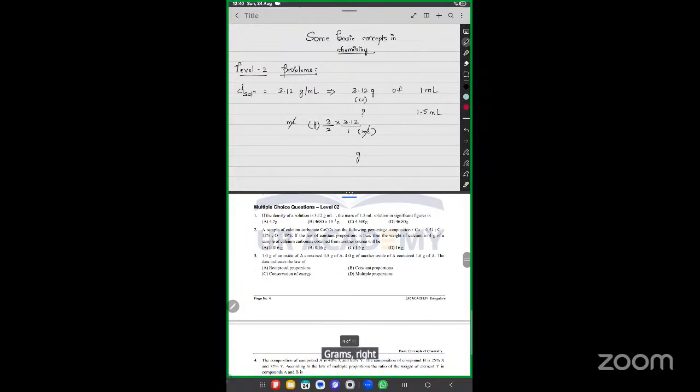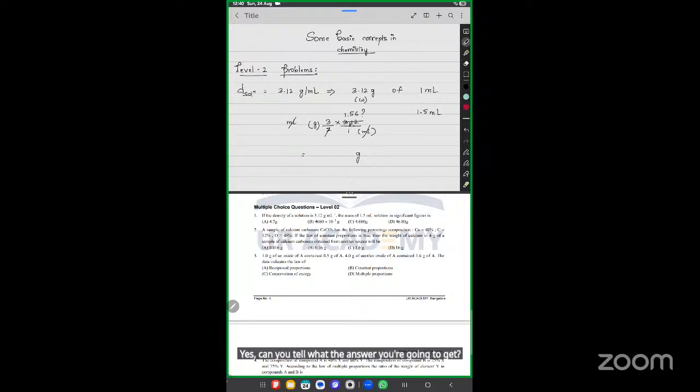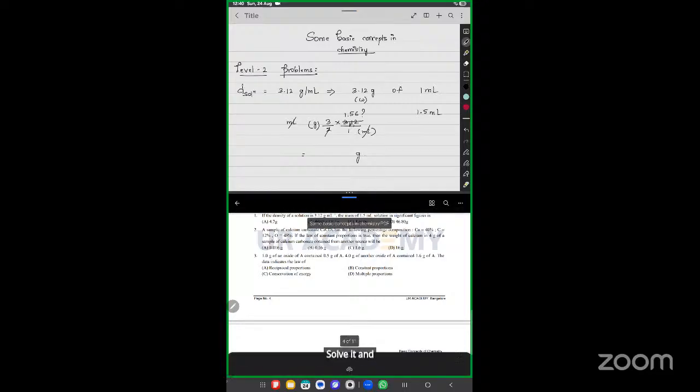So 3 by 2 into 3.12, the value would be 1.56 times 3. Solve it and tell me the answer.